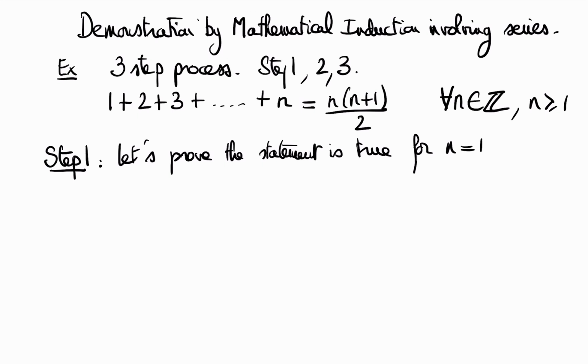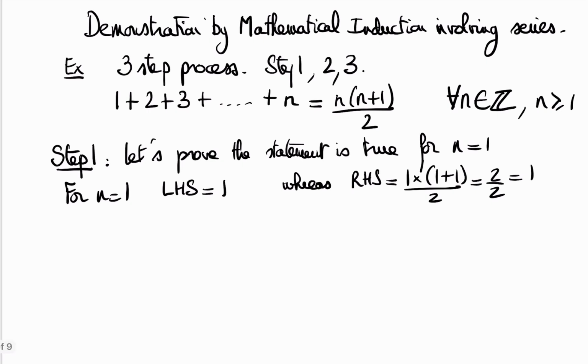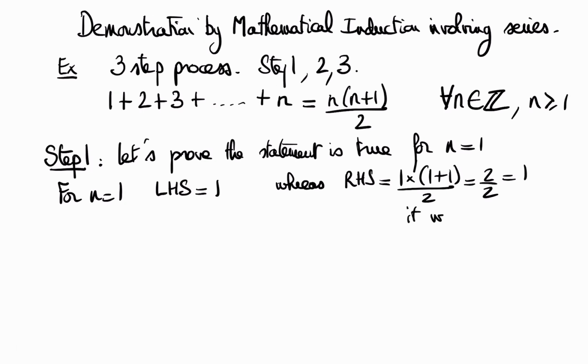So for n equal 1, the left-hand side is just equal to 1, because only one term, whereas the right-hand side would be equal to 1 times 1 plus 1 over 2, which is equal to 2 over 2, which is equal to 1. So that works. That's equal to the left-hand side. So it works for n equal 1.